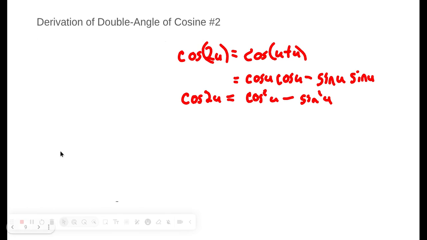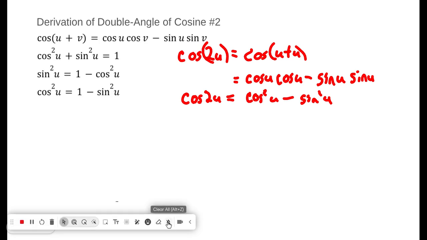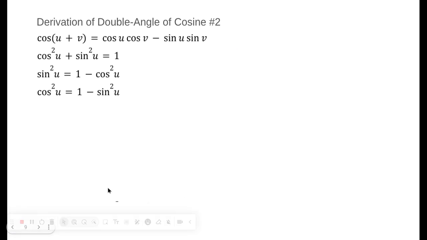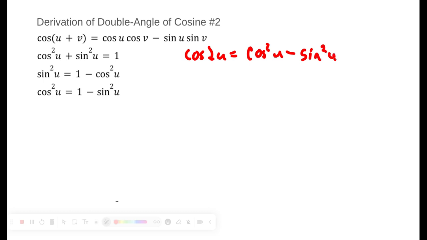Now let's use the other equations that we have here to derive the second one. We just found that the cosine of 2u was cosine squared of u minus the sine squared of u. So we're going to take that and keep cosine in it, but substitute out the sine squared.